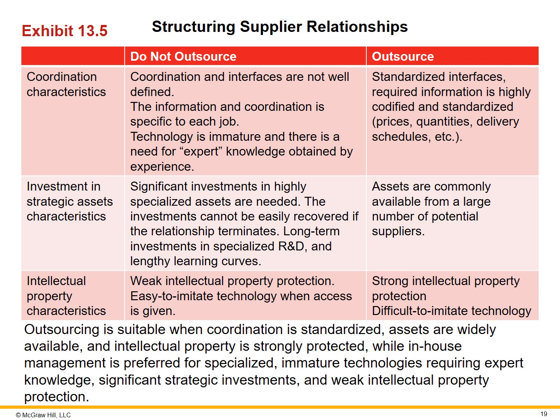Let's look at this exhibit, structuring supplier relationships. What to outsource and what not to outsource. Coordination characteristics: when it is standardized and easy to coordinate the outside players about what to do, then you can outsource it and let them do what you want.